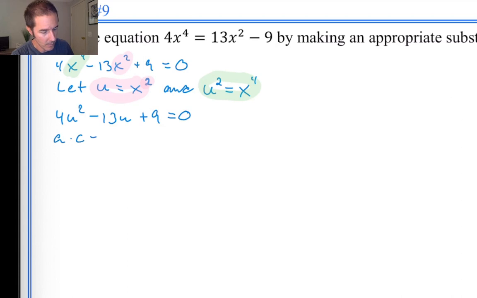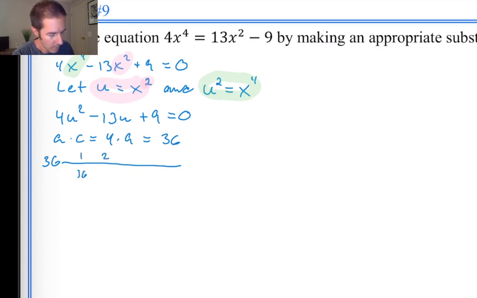A times C equals 4 times 9, which is equal to 36. I take 36, I make my list of factor pairs. That's a 1 and a 36, and a 2 and an 18, 3 and 12, 4 and 9, 5 doesn't work, 6 works, 6 times 6.